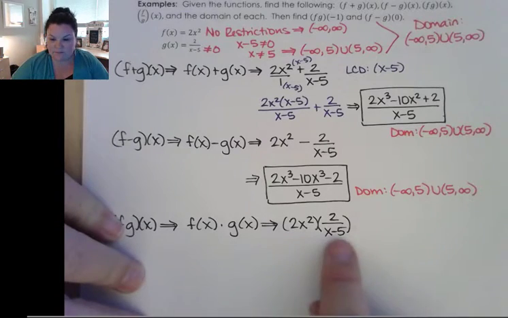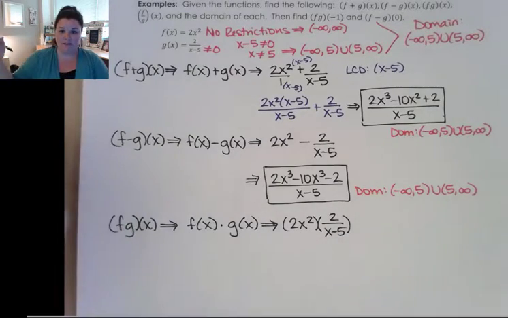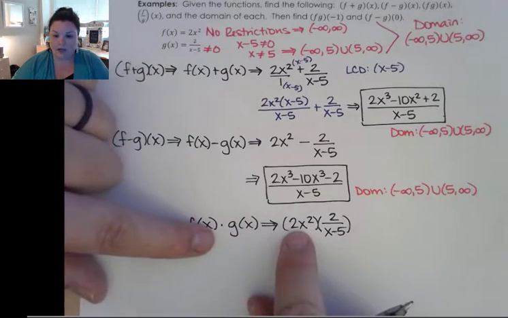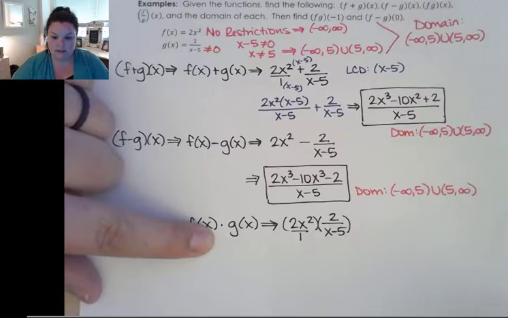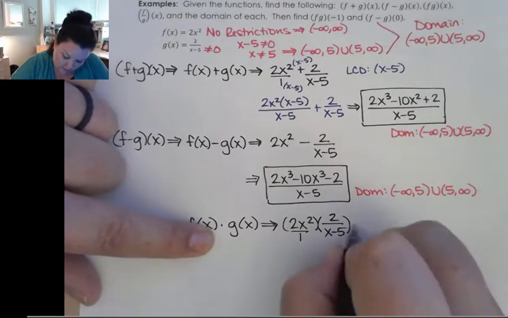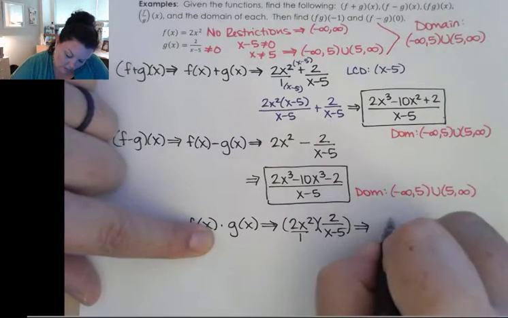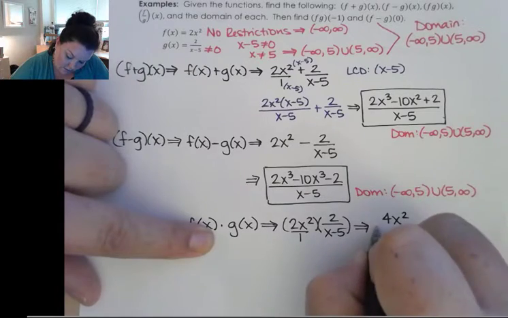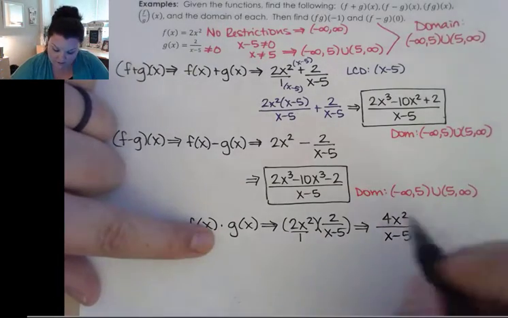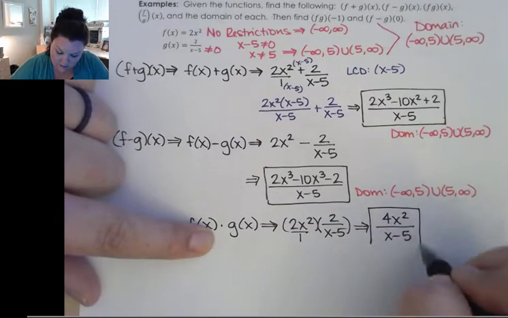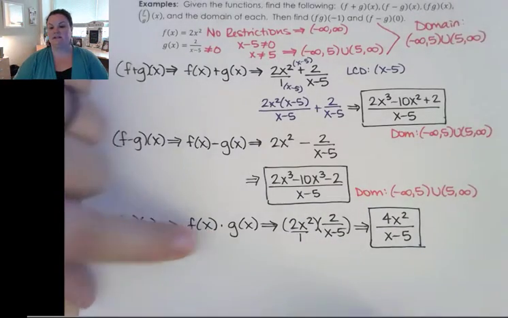Now, when we're multiplying with fractions, remember we multiply straight across on top, straight across on bottom. And right now, the bottom of my first function, we can just put this over 1, right? So we multiply straight across, which gives us 4x squared all over x minus 5. There's nothing I can do to factor this or simplify, so we just leave it like that.